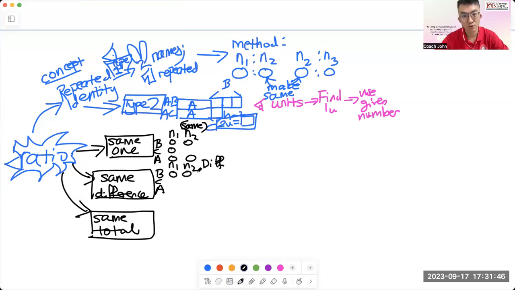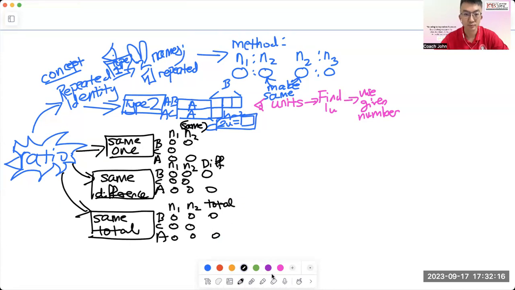So 3 circles above, 3 circles below, and equal change for both. Then for same total, it's the same layout, just that you change the difference to total. Then you have a BCA. So you have 3 circles above, 3 circles below for the ratio to be filled in, and then equal rise equals equal drop.